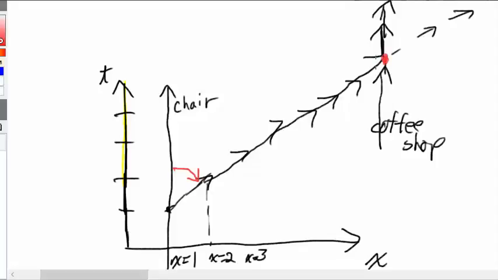And then, when I got to the coffee shop, I decelerated so that I shared the temporal facing with the coffee shop. Now, this is where I'm going to break with more traditional convention. I'm going to imagine a new spacetime diagram where this path from the chair to the coffee shop is vertical.